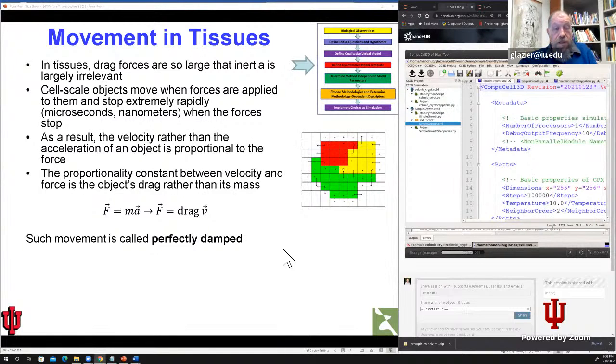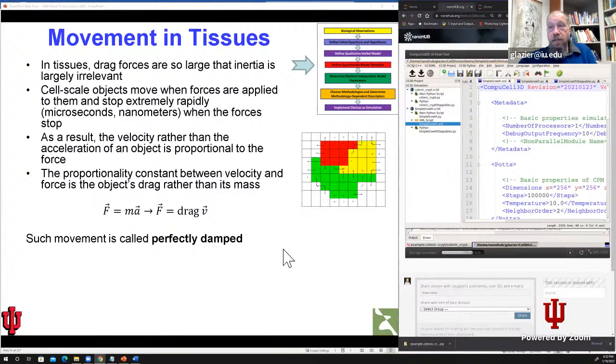If you stop pushing on something, it stops moving. And so what we need in our world is going to be a dynamics in which things move at a velocity that's proportional to the force that's applied to them, and not that accelerate proportionally to the force that's applied to them. And that's called perfectly damped or overdamped movement.